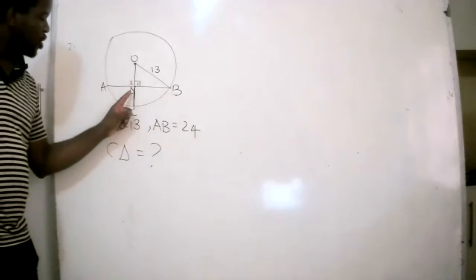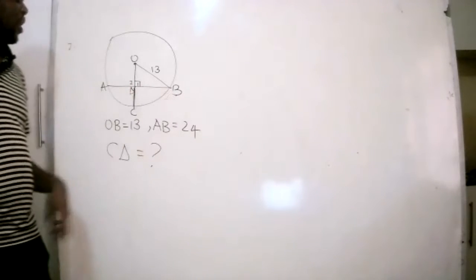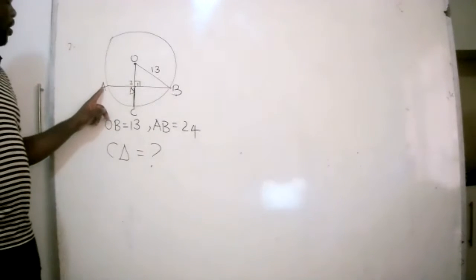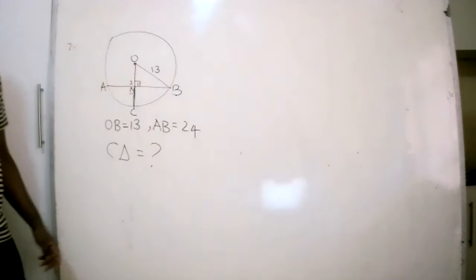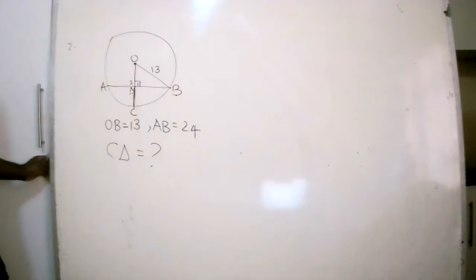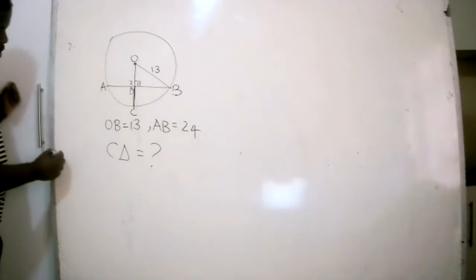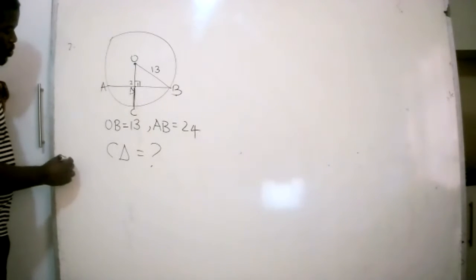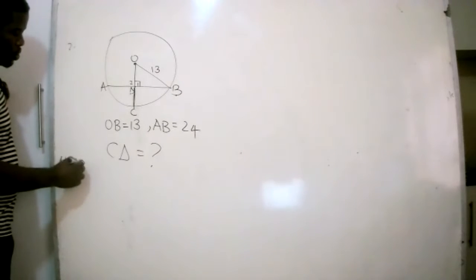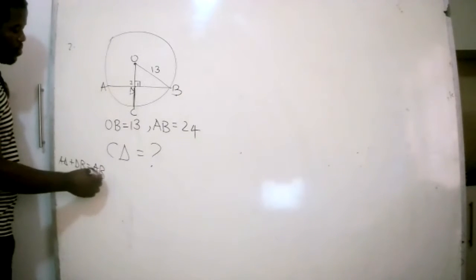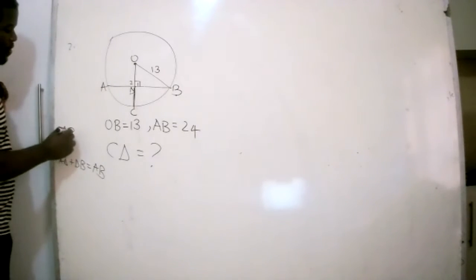So in order for us to find the distance DB, what can we do if we are given the distance AB? It's going to be AD equal to DB. Yes, AD will be equal to DB, right? That is very true.